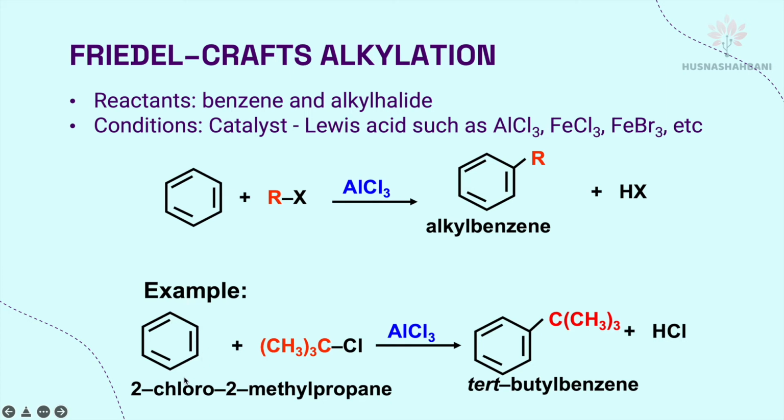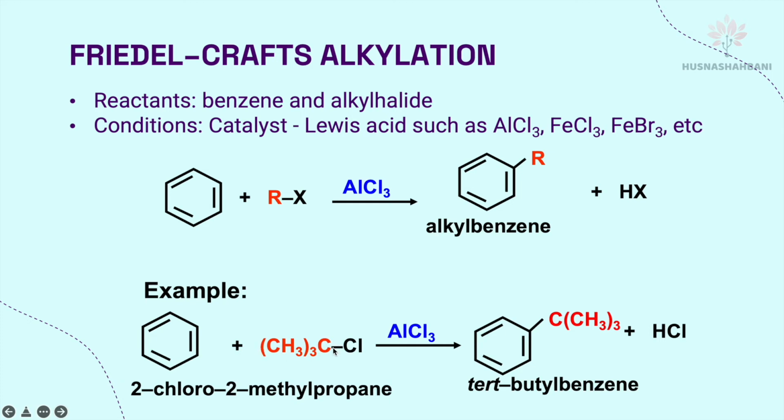For example, this benzene ring reacts with this alkyl halide, with chlorine attached to the alkyl group, in the presence of catalyst AlCl3. The product will be, you just remove this Cl and attach that carbon to the benzene ring. The carbon that will attach to the benzene ring is the carbon that is attached to the halogen, not other carbons.